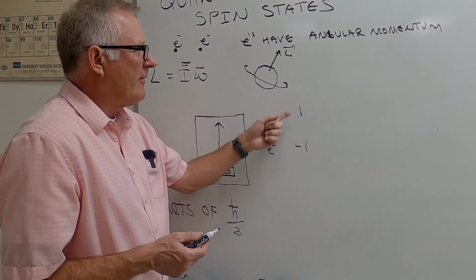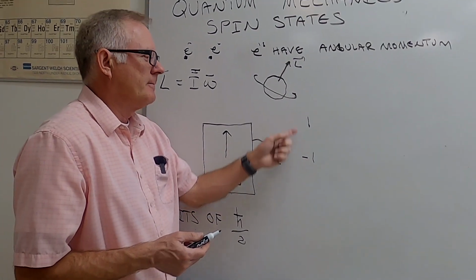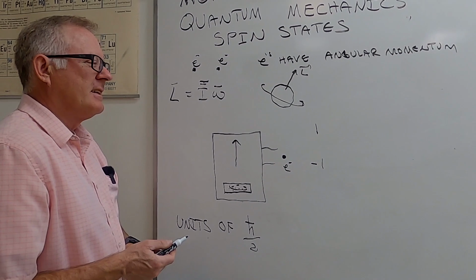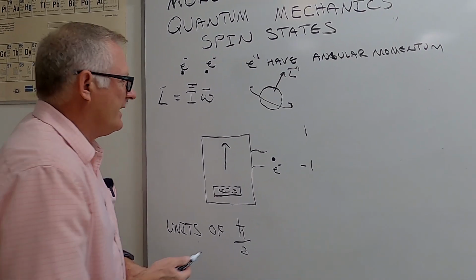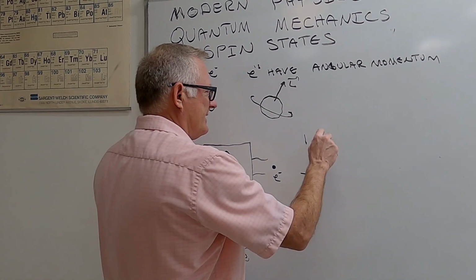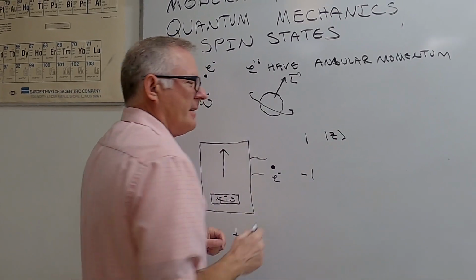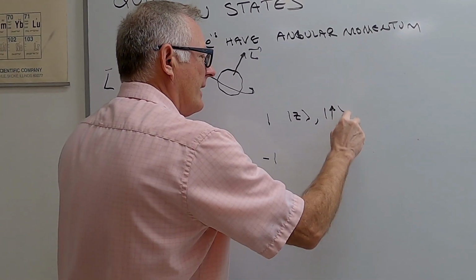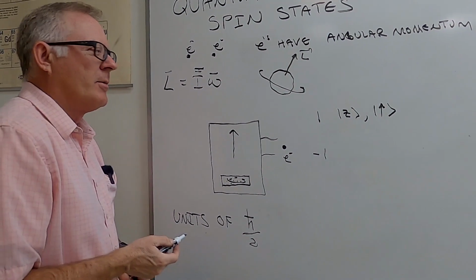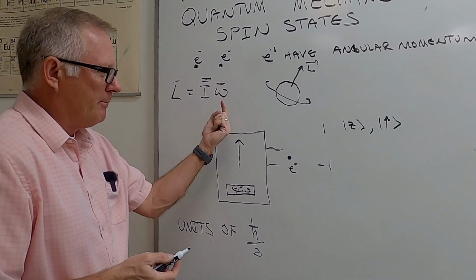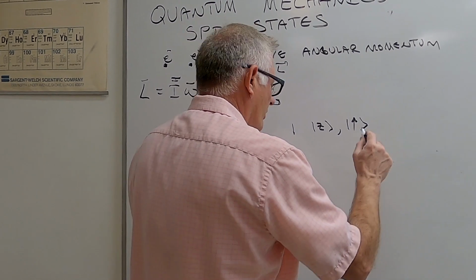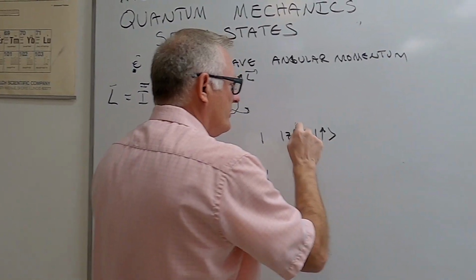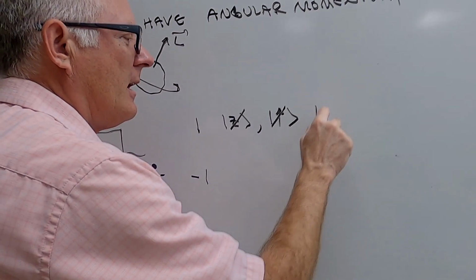Now, since we have two states, we can designate them by vectors. We could call that in the z direction, or we could get fancy and just call it a little arrow like that. But I think what I'll call is up, U. So we won't use these, we'll use up.